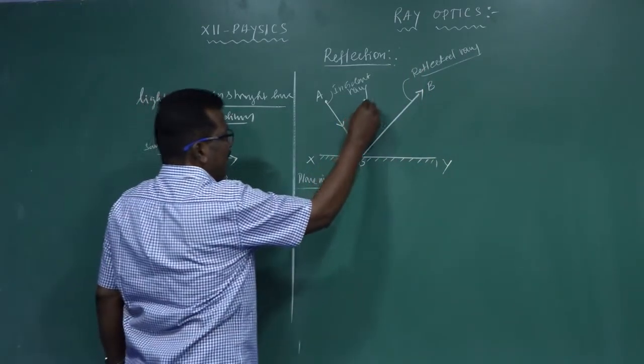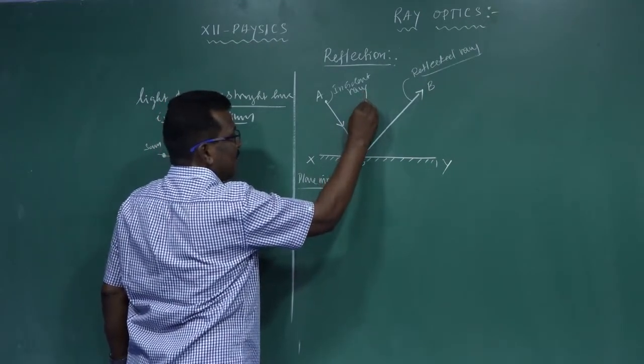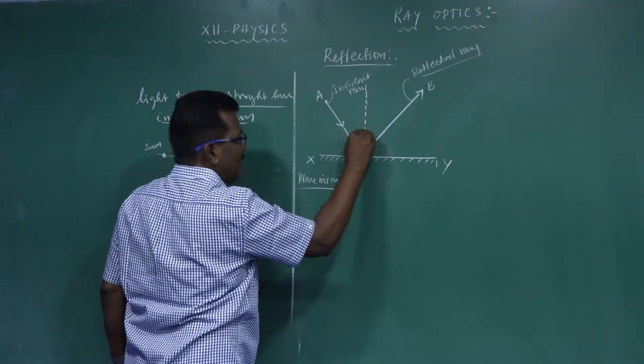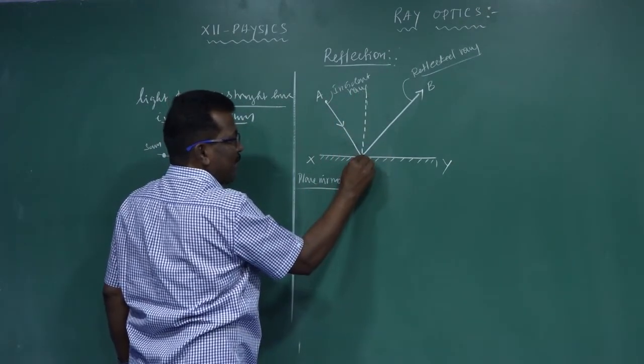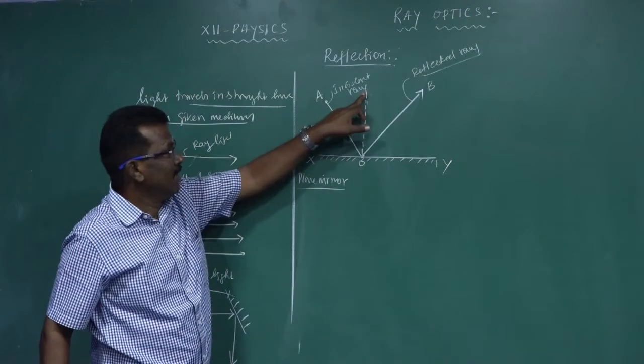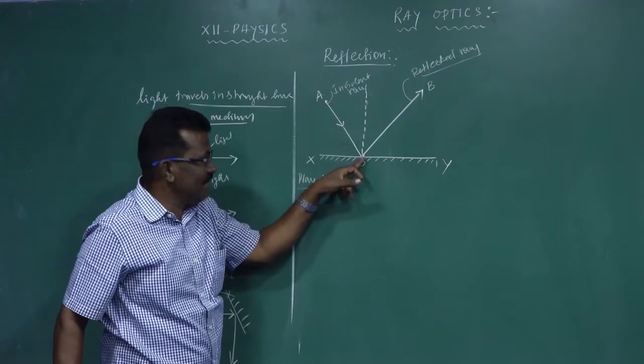Now, a normal is drawn to the surface. This is called the normal, drawn to the reflecting surface at the point of incidence.